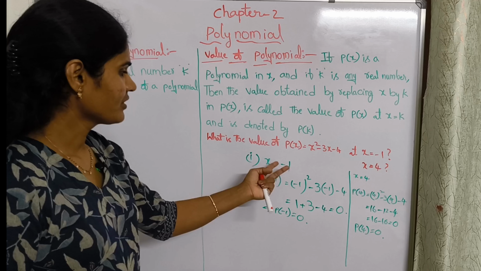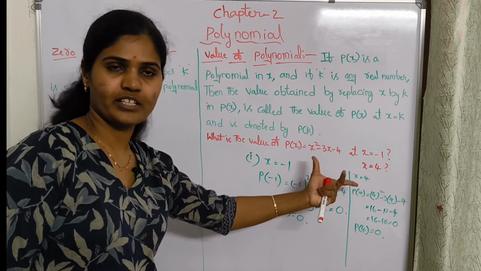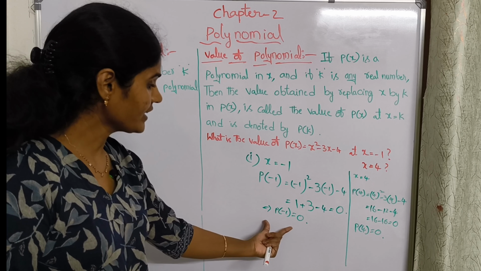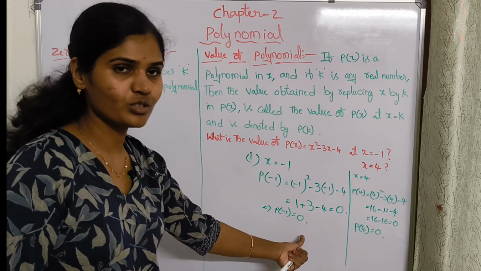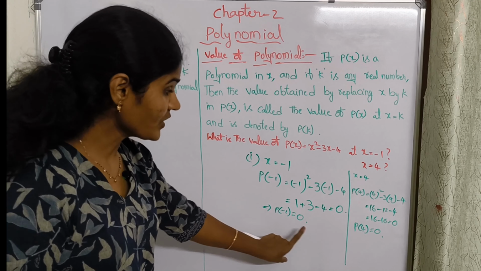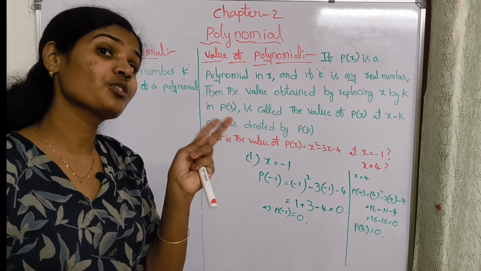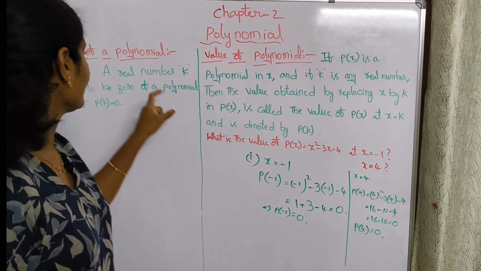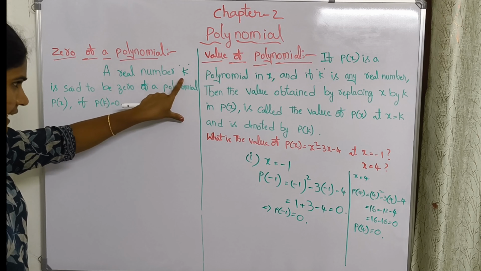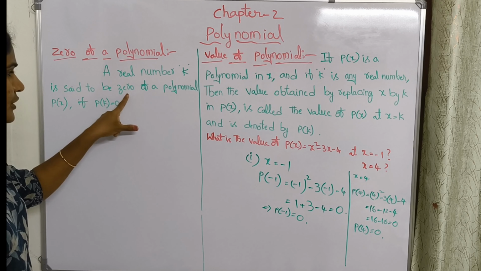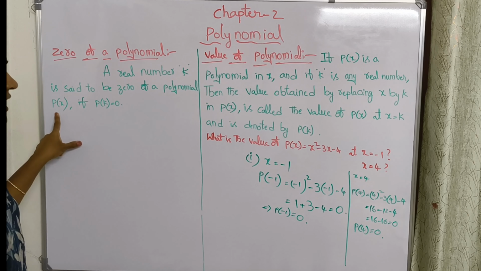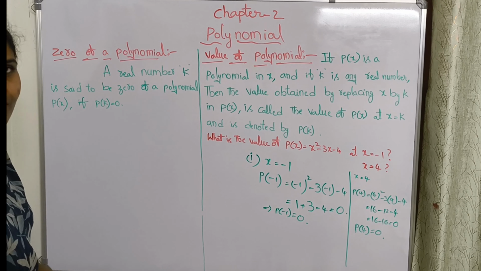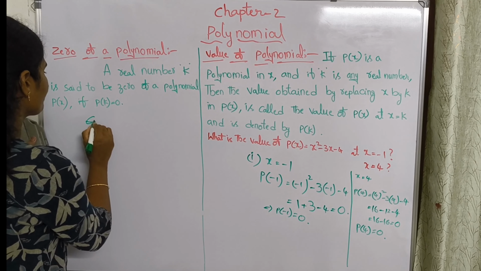Here we directly get the p of minus 1 equal to 0. These minus 1, 4 values are zeros of this polynomial. See, a real number k is said to be zero of a polynomial p of x if p of k equal to 0.